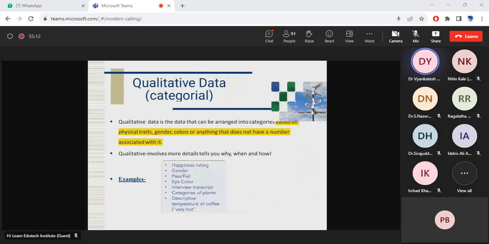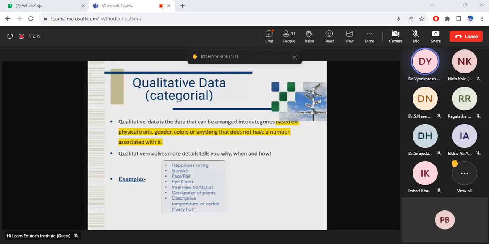It tells more details about why, when and how. For example, happiness rating, gender, pass or fail, eye color, interview transcript, categories of plants, and whether coffee is very hot or not can't be measured numerically.